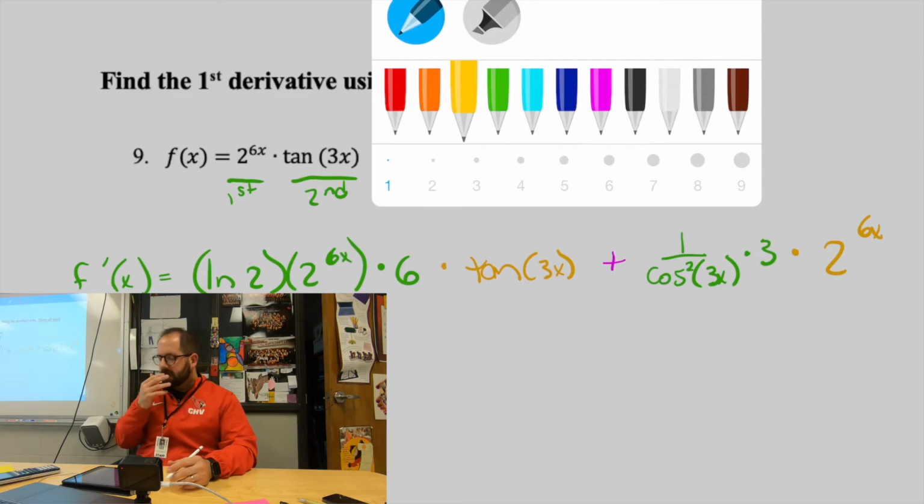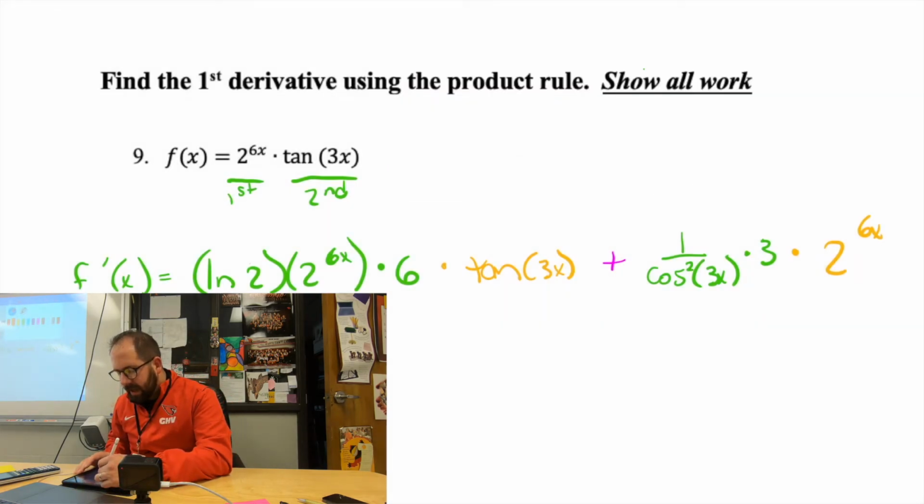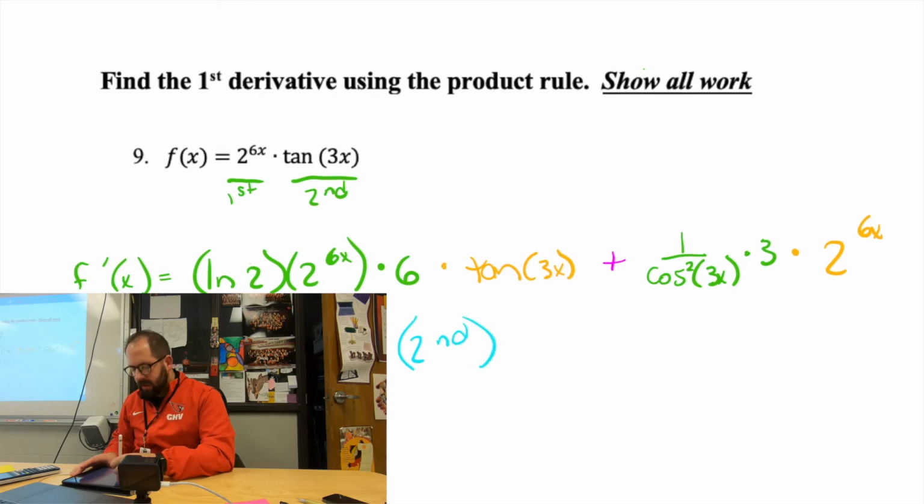There you go. What I'm about to write is just highlighting what we did. It is the derivative of the first item times the second item, right? That's what we did here.